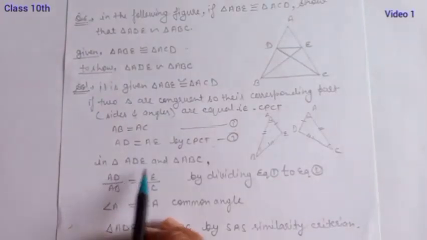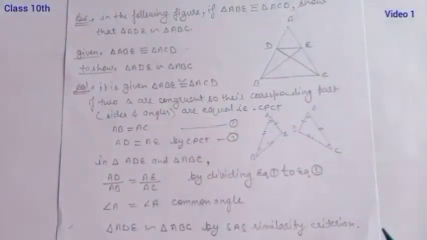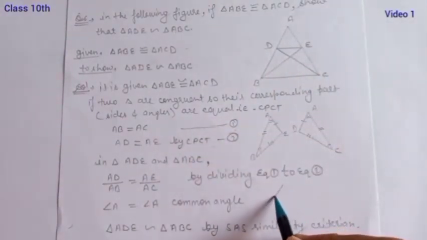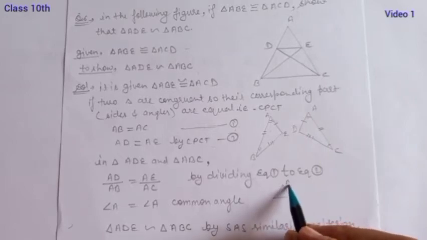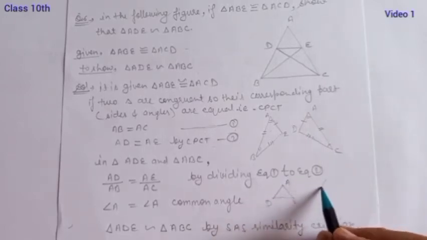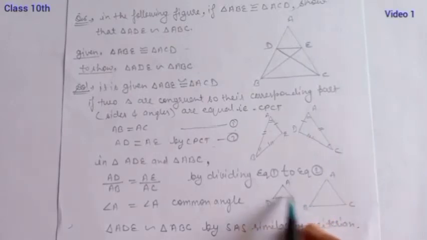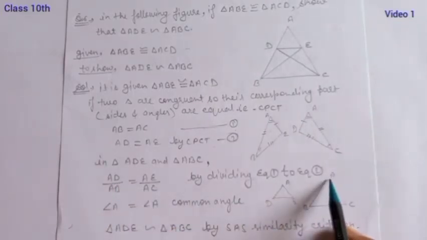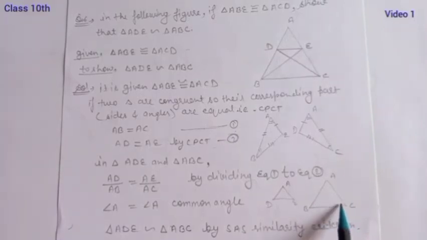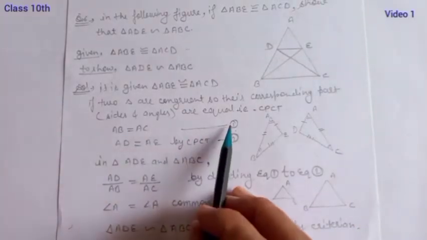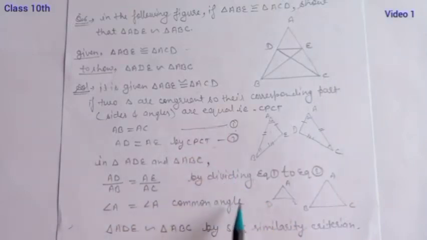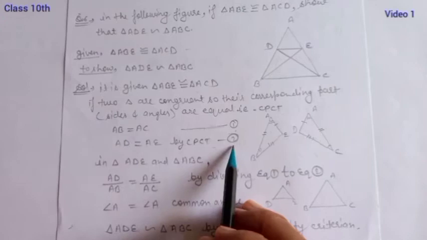Now student, we can draw a copy of triangle ADE, and the other is the whole triangle, that is ABC. In these two triangles we have to show that both are similar. So the ratio AD upon AB is equal to AE upon AC, which we obtain by dividing equation 2 by equation 1.